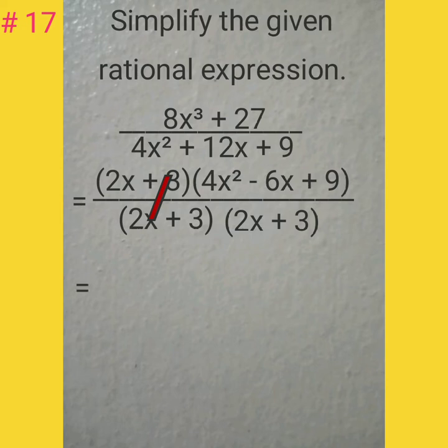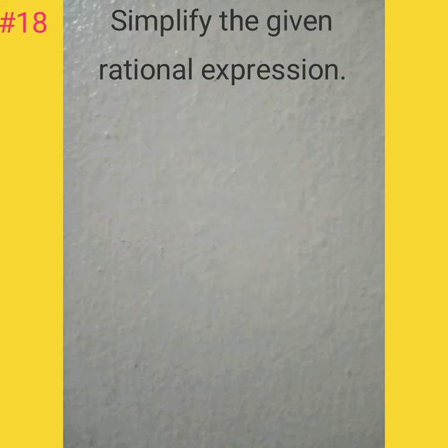The simplified form of (8x³ + 27) all over (4x² + 12x + 9) is (4x² - 6x + 9) over (2x + 3).